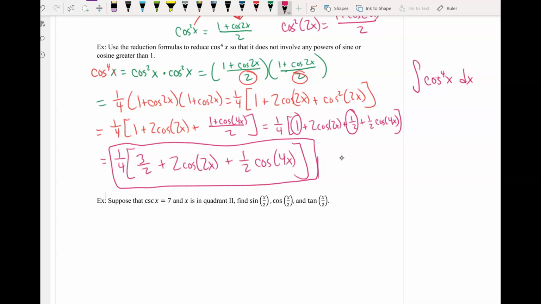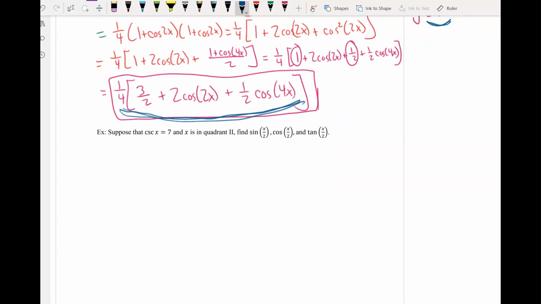This function is really hard to integrate. However, it may seem a little bit weird, but actually integrating this guy is actually a lot easier than integrating something like that. I know, this looks a lot more complicated, but actually, in calculus, this is a lot easier to work with than something to a power of 4. Okay? So we'll continue with the other identities in the next video.